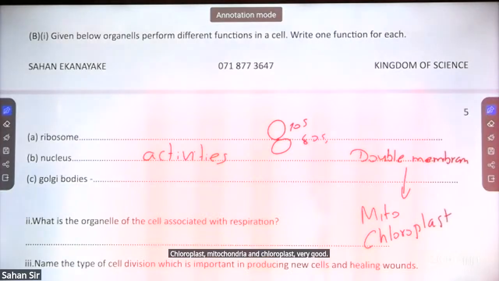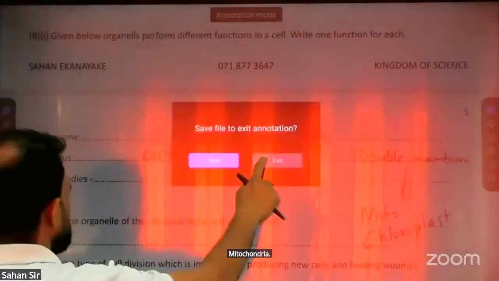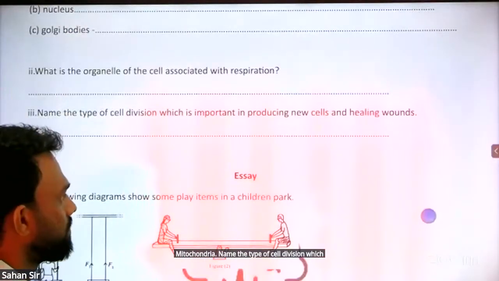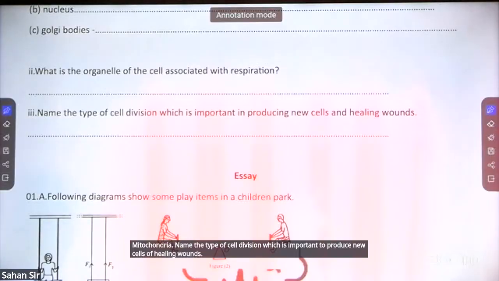Right. What is the organelle of the cell associated with respiration? Mitochondria. Name the type of cell division which is important to produce new cells for healing wounds. Mitosis.